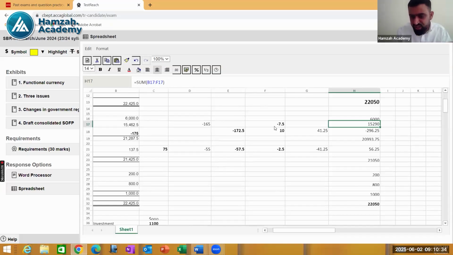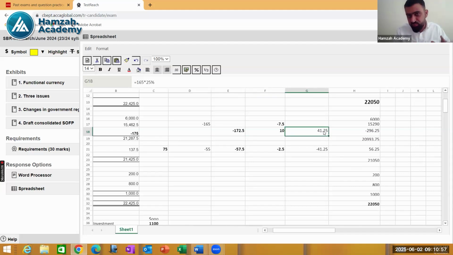So closing retained earnings adjusted is 15,290. Then we have translation reserve, which was 175. Goodwill loss allocated to group is 172.5. 10 is the adjustment relating again to the issue of the translation of the loss for the year. Then allocated to NCI of 175 minus 10, 165, of which 25% relates to NCI.